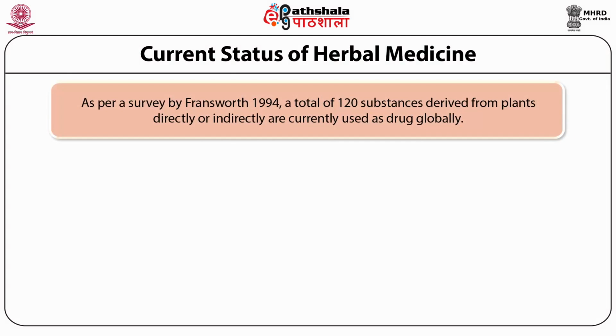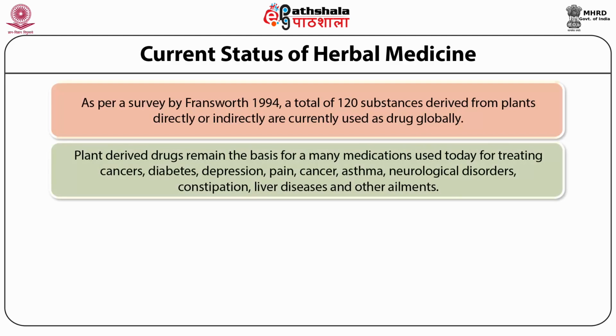According to Farnsworth, a survey was done in 1994. According to his survey, a total of 120 substances were identified that are currently used globally in one or more countries and are actually derived directly or indirectly from plants. Plant-derived drugs remain the basis of many medications, especially for treating cancers, diabetes, depression, pain, asthma, and other lifestyle-related diseases.